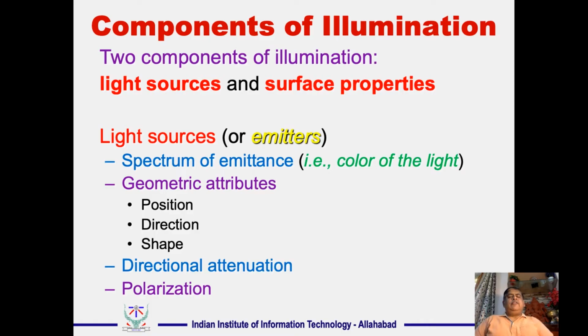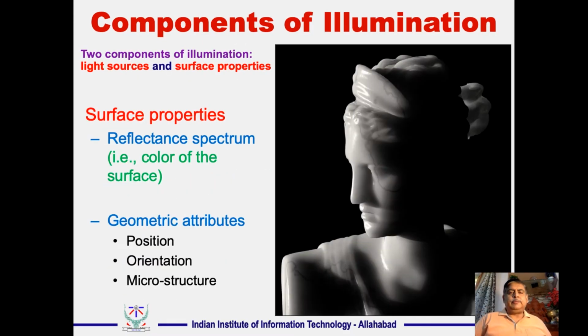There is a sufficient amount of attenuation. And of course, we can also discuss polarization. Light scattered or reflected through different objects may polarize, or pass through a polarizing filter, and may also reach the objects in a polarized manner.